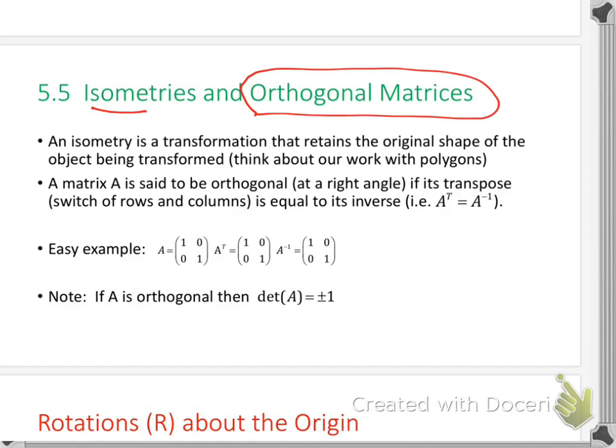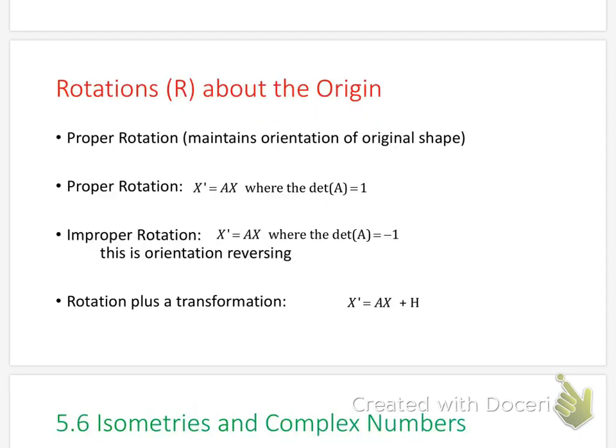A matrix A is said to be orthogonal, so that's a vocab word, which means at a right angle, if its transpose, remember that's when you just switch the rows and the columns, is equal to its inverse. Okay, if your transpose equals your inverse, then the matrix is orthogonal. Okay, so a little fun fact there. Okay, another little interesting fact.